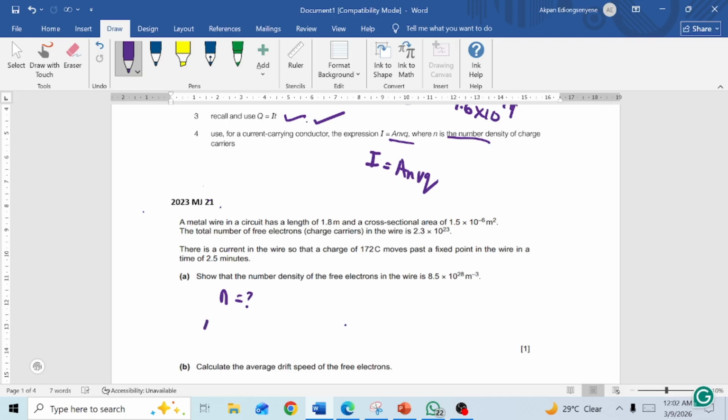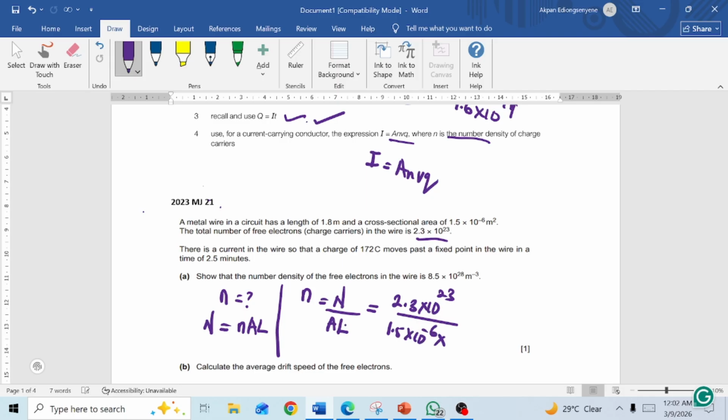And we knew that capital N is nAL. So, small n will be capital N, number of electrons divided by area and length. Let's pick the values. They gave us number as 2.3 times 10 raised to the power of 23 divided by the area, given as 1.5 times 10 raised to the power of minus 6, times the length, given as 1.8.